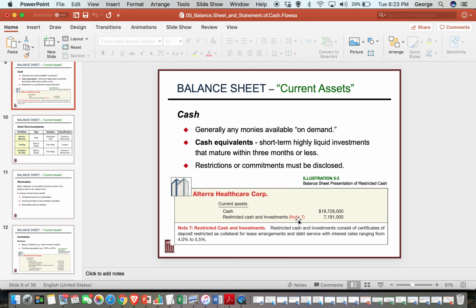So down here we talk about it. This is note 7. They have restricted cash consists of certificates of deposit restricted as collateral for lease arrangements and debt service with interest rates ranging from 4 to 5.5%.